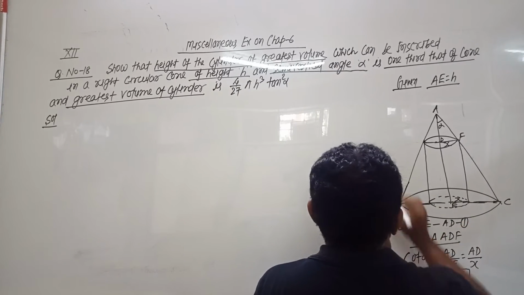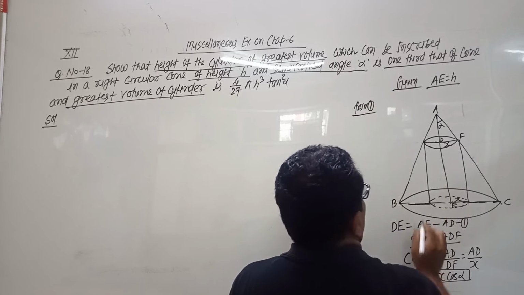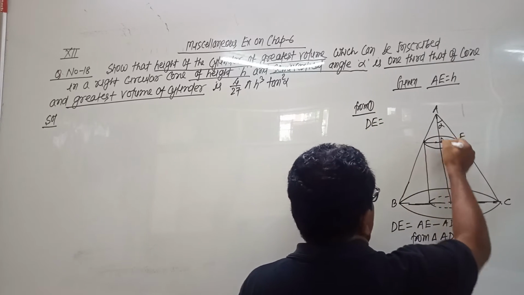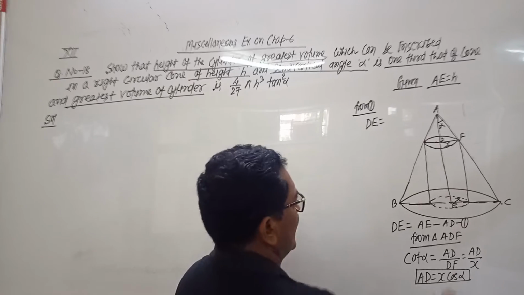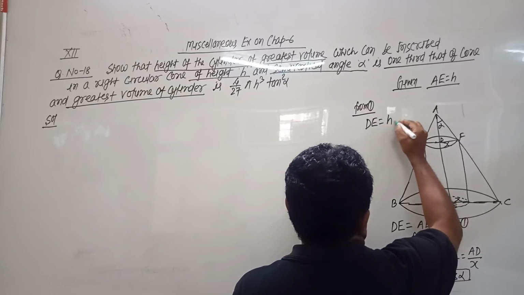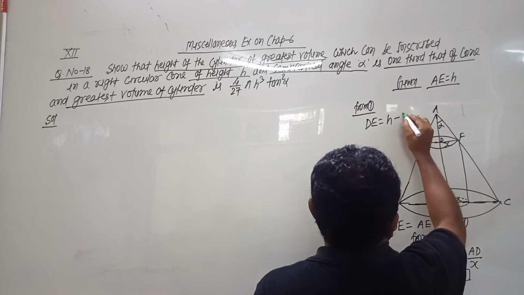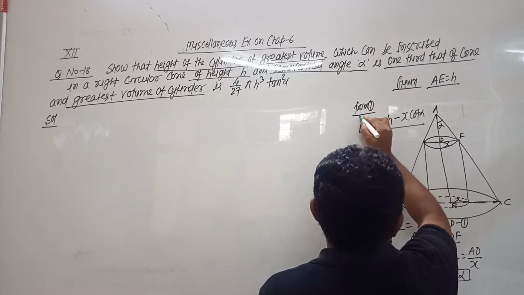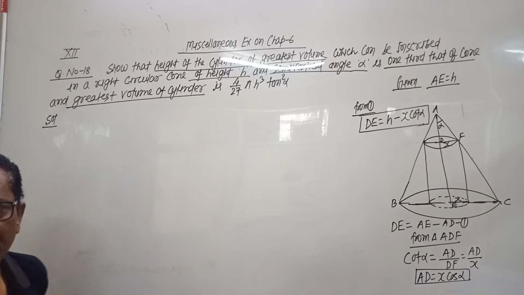So from the first equation, DE is the height of the cylinder, AE minus AD. The height of the cone AE was given h, and AD is x cot alpha. So the height of the cylinder DE equals h minus x cot alpha.